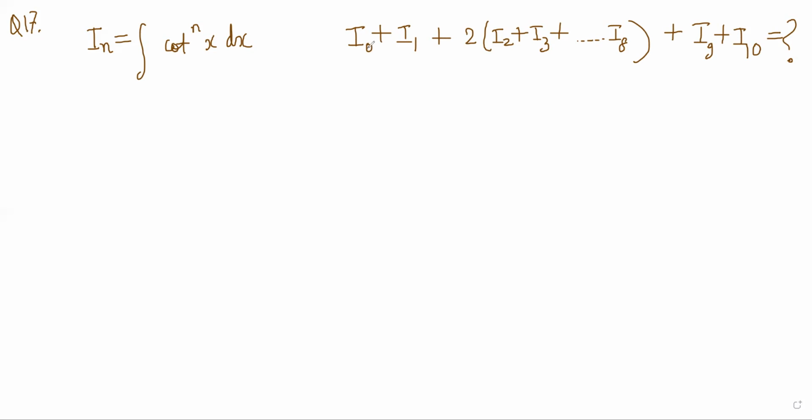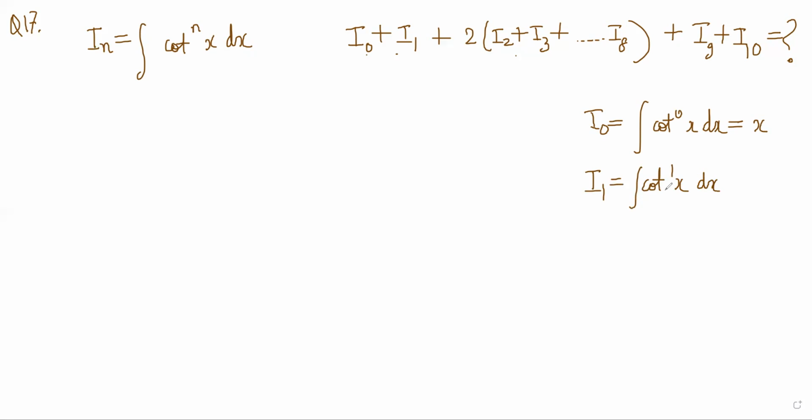So here 0, 1, 2, and so on are telling you the values of this n constant, right? So I naught would be just the integral of 1. If you think about it, I naught is the integral of cot power 0 x, which is the integral of 1, which is x. I1 would be the integral of cot power 1 x, which is cot x.